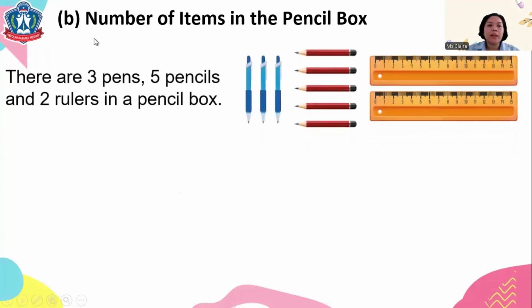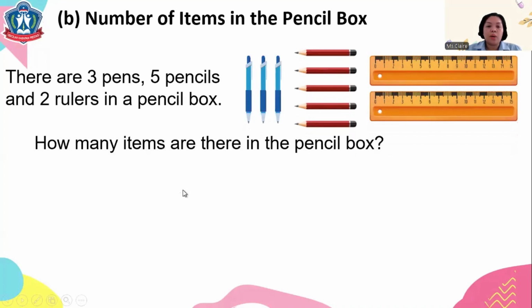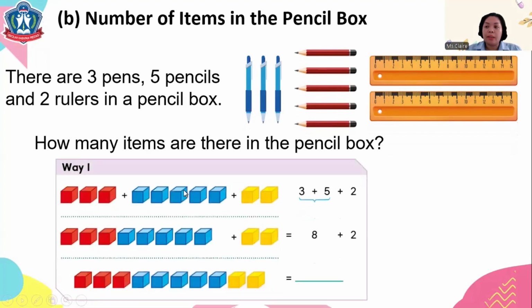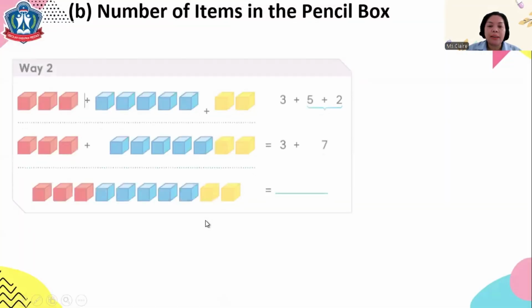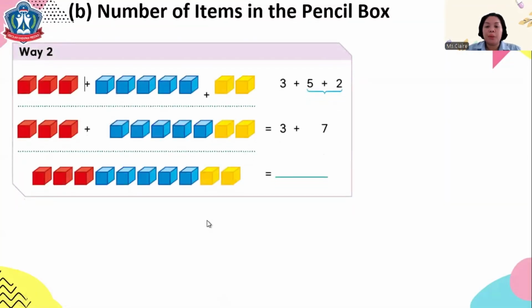Okay? Now, take a look here. There are 3 pens, 5 pencils, and 2 rulers in a pencil box. So if we are going to add them all together, this is the first way. So we will add 3 plus 5 first, which is 8, plus 2, and that is 10. So there's another way we can change like this. We will add first the 5 plus 2.